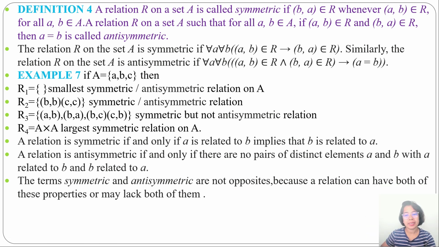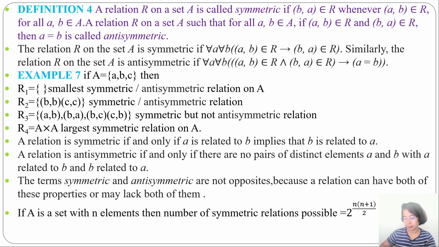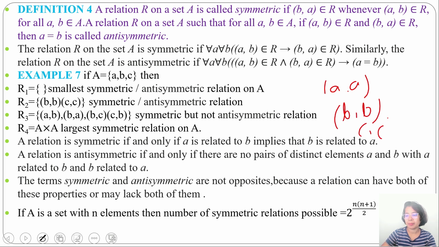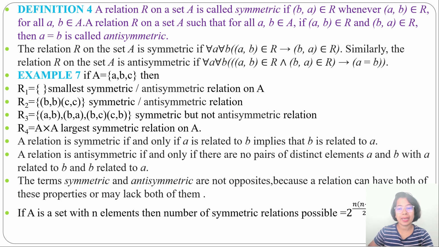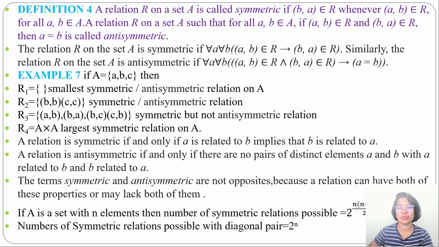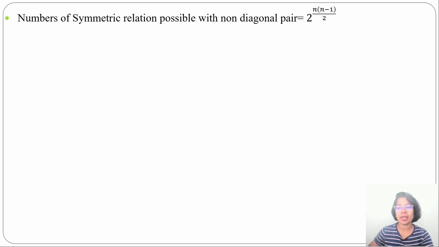Now, the number of symmetric relations possible is 2 power n(n+1)/2. We are just multiplying the number of diagonal relations and non-diagonal relations. Diagonal relation means (a,a), (b,b), (c,c). These are the diagonal pairs. So for a set having n elements, the number of symmetric relations possible with diagonal pairs equals 2 power n, and with non-diagonal pairs equals 2 power n(n-1)/2.